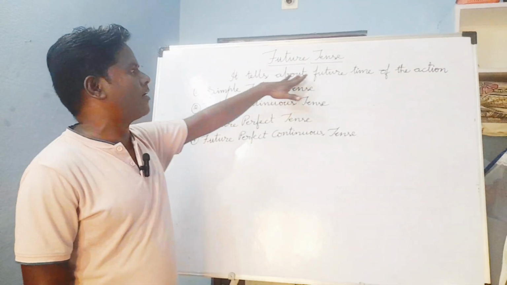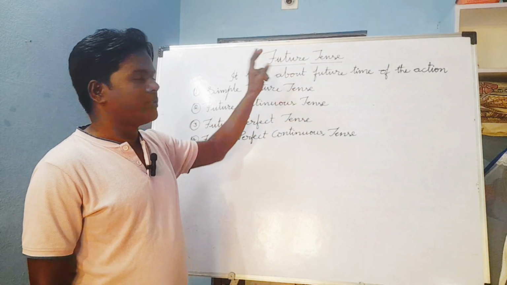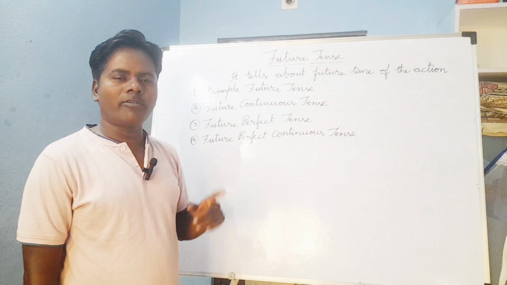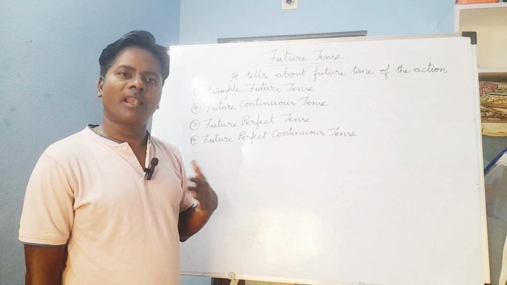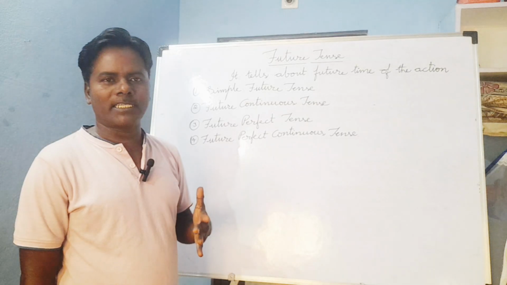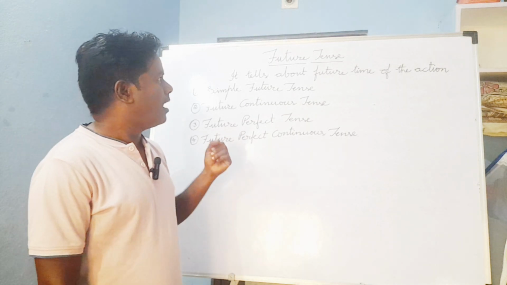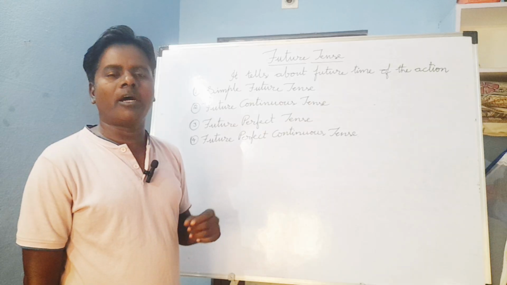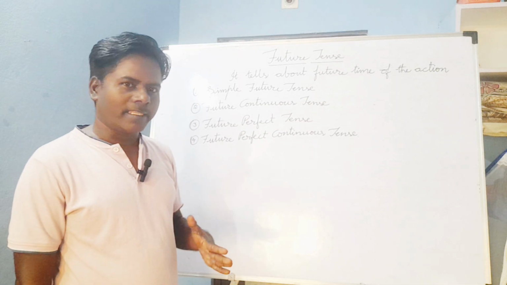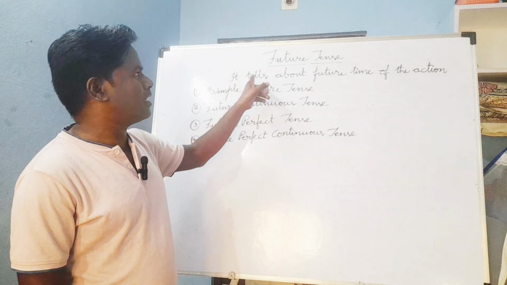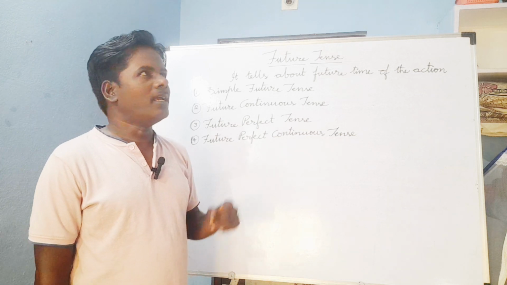It tells about a future time of the action. Future tense tells you about future time of the action, like present tense and past tense. Present tense tells you about present time of the action, and past tense tells you about past time of the action. Like that, future tense also tells you about future time of the action.